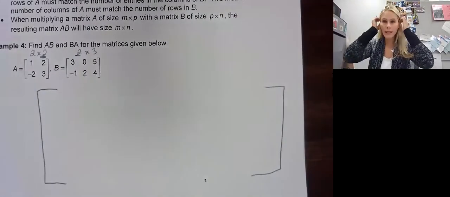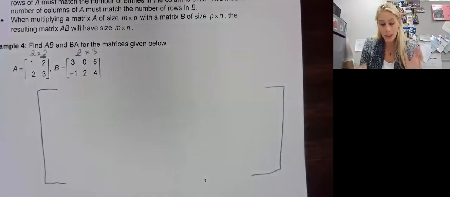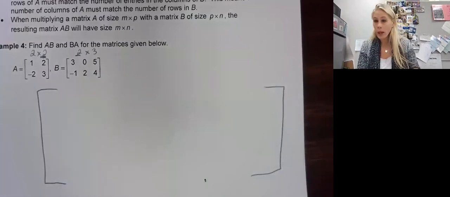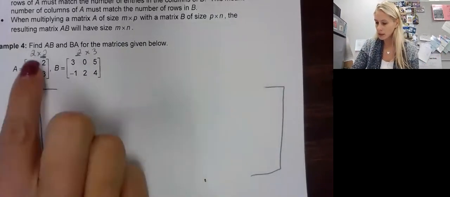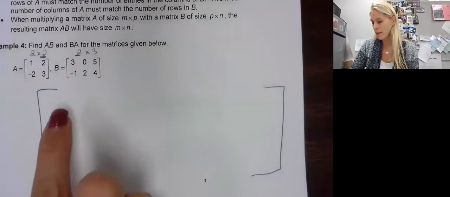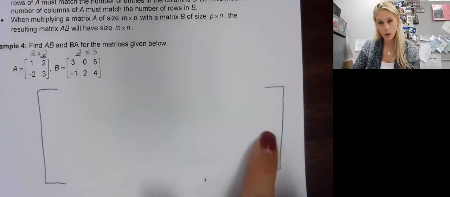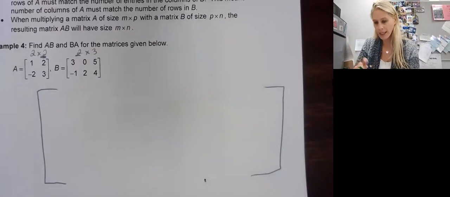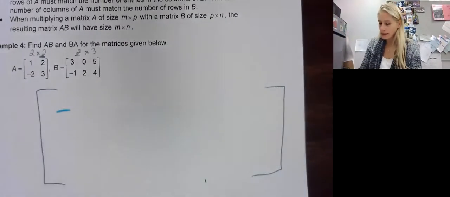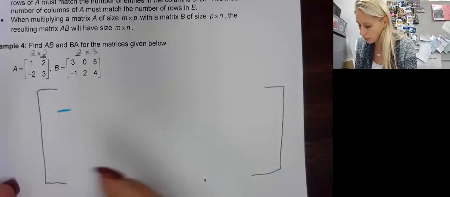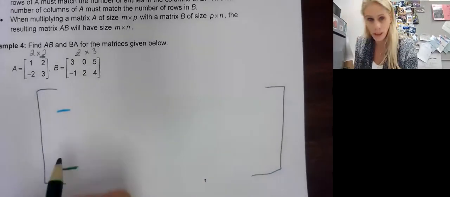Are you always going to have to make it this super big? No. So what I did, while I paused the video, you didn't see that, I have 6 colors because a 2 by 3 means I'm going to have 2 rows with 3 columns, so 6 elements. What I am going to do is color code this so you can see my movements.